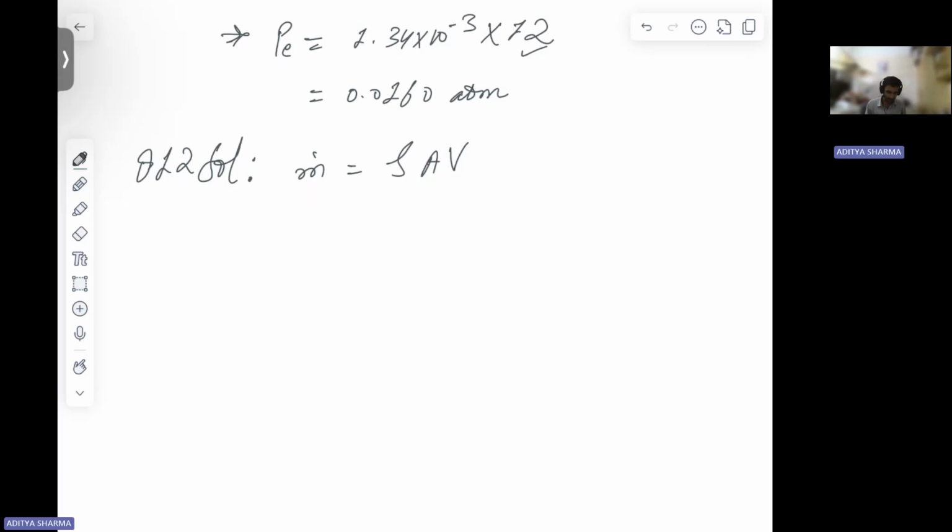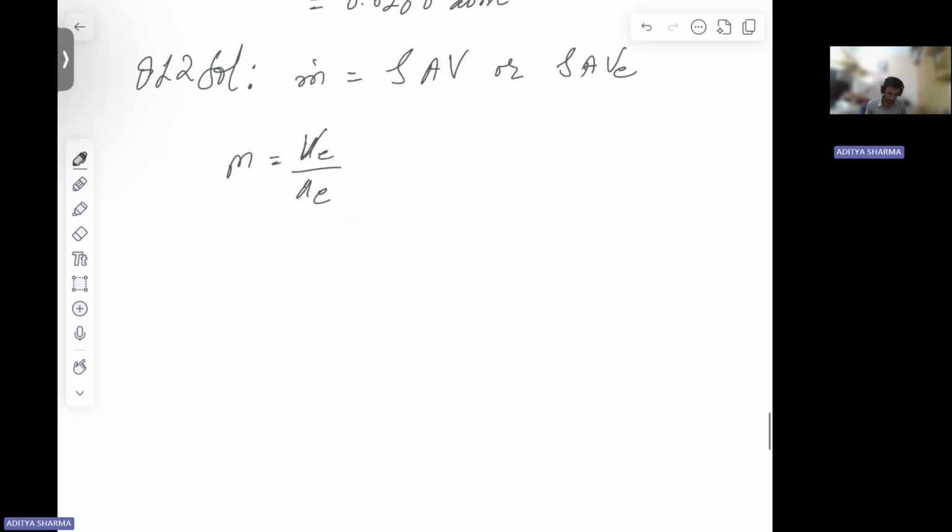Now we have Mach at the exit. Or VE, velocity at the exit. So now we have Mach at the exit, so we can get the speed of sound. Okay, and from there, because Mach is VE by AE, so AE we can find out. This we have, this we can find out and we can get VE. Area at the exit we have.